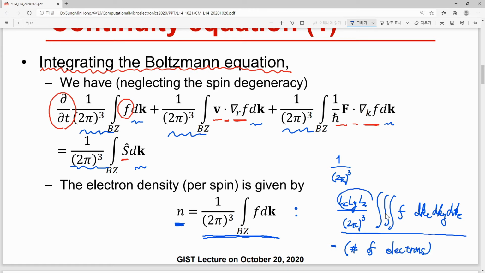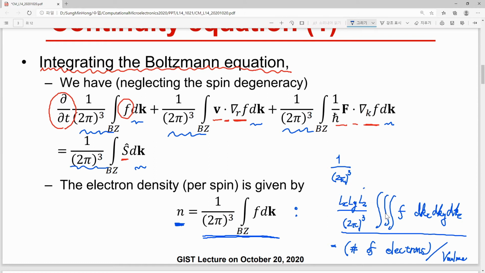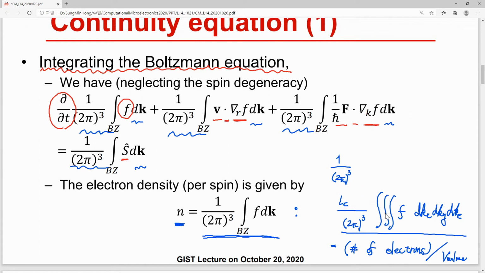This one just becomes the volume in real space, and this one becomes just 1. And now you can easily understand this expression is nothing but counting numbers and dividing that number by our volume. So that is the way to derive this expression.